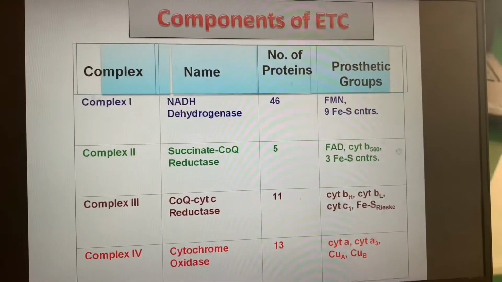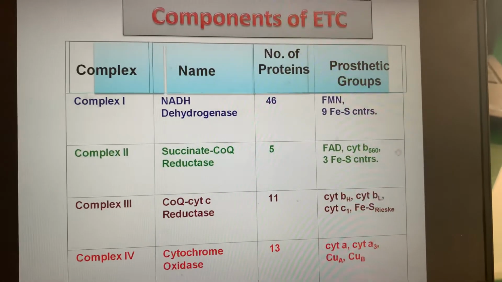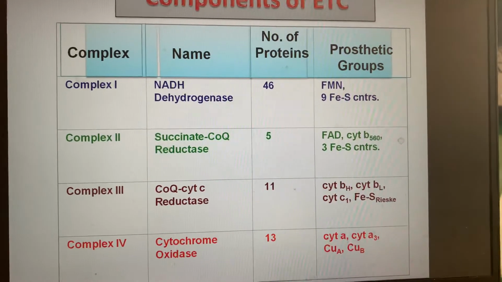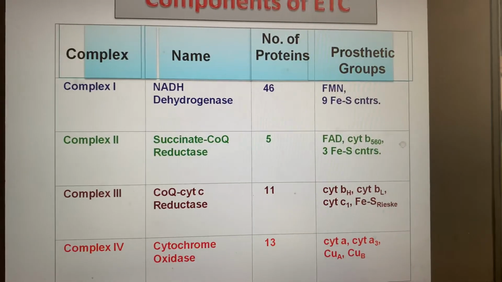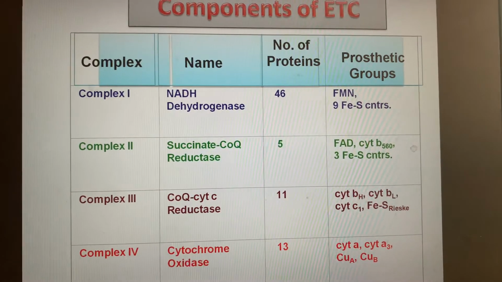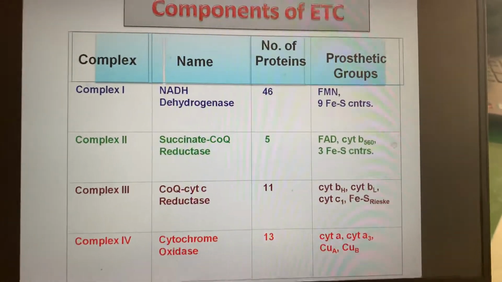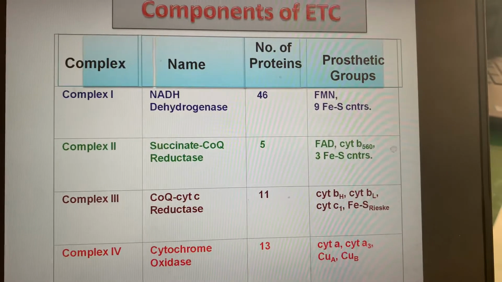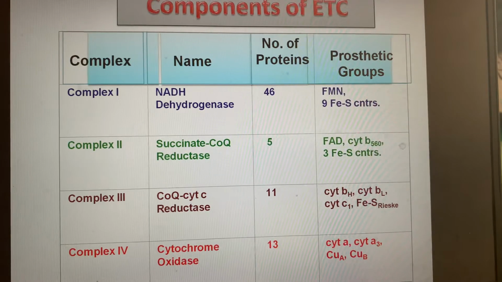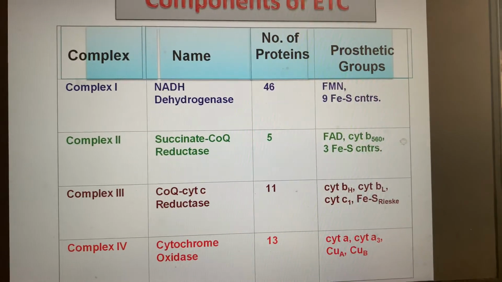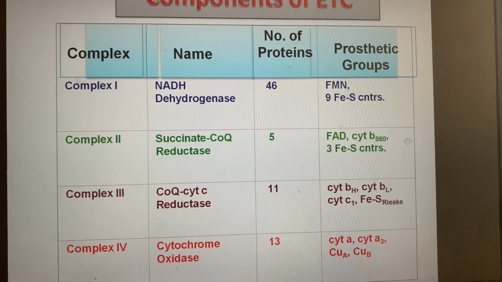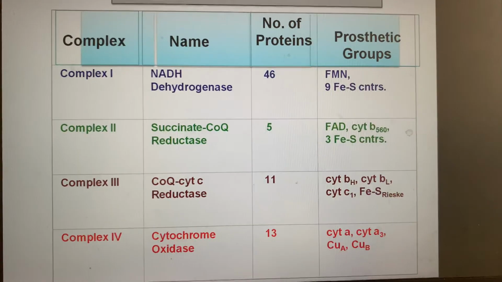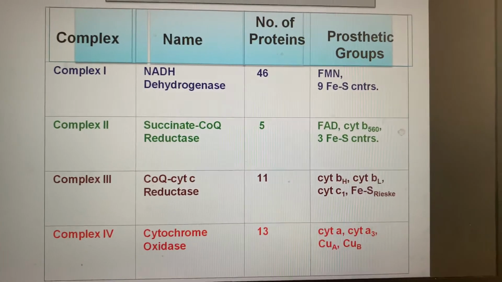The basic components used for electron transport chains are based on different complexes. The complexes are named complex 1, complex 2, 3, and 4, and their names are NADH dehydrogenase, succinate coenzyme Q reductase, coenzyme Q cytochrome C reductase, and cytochrome oxidase.